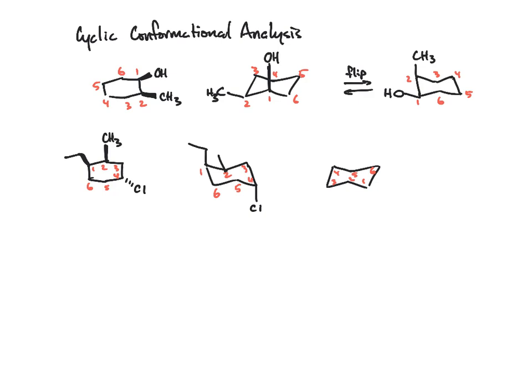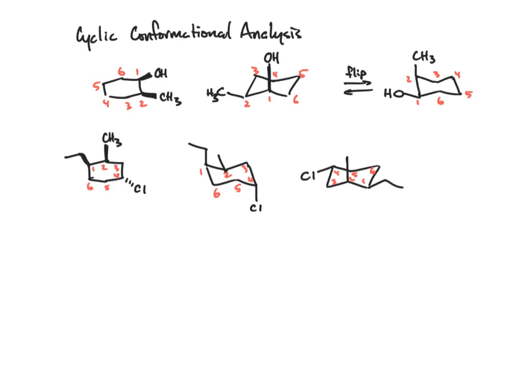So the up bond of carbon 1 is what? So equatorial, so that's the ethyl. The up bond of carbon 2 should be what? So axial. So see how they're now still cis to one another. And then the down bond of carbon 4 should be what? Equatorial.